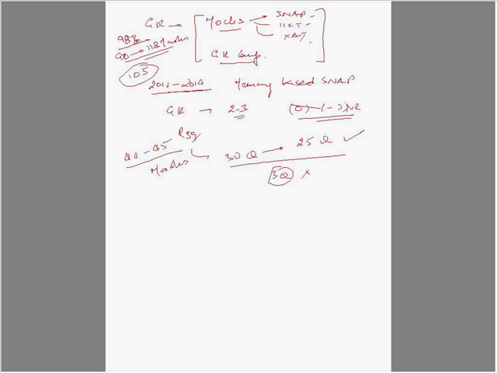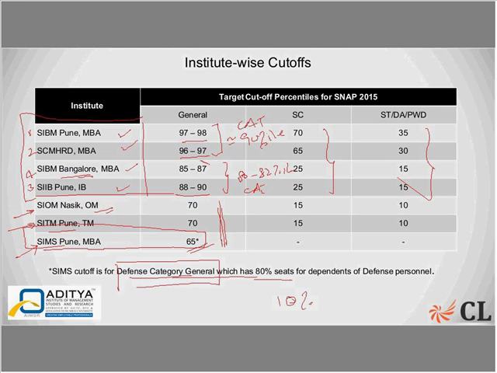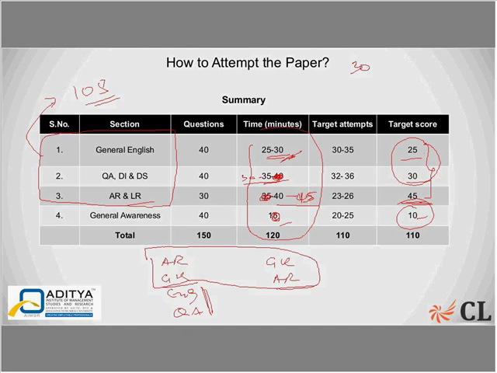Okay, let me just go back to this particular thing. Okay. Now, if you look at this, remove these general awareness questions. If you remove these general awareness questions, which take 10 minutes, for the three sections of analytical reasoning, quant, and English, these are 110 questions in 110 minutes.